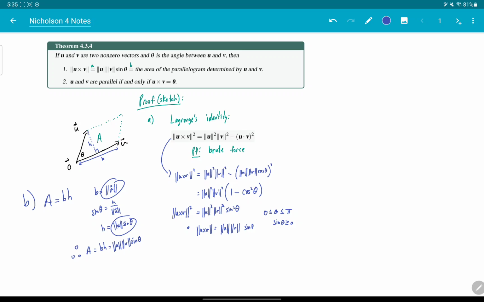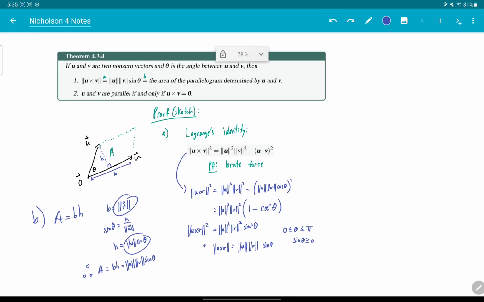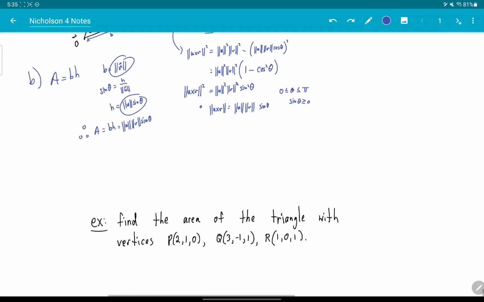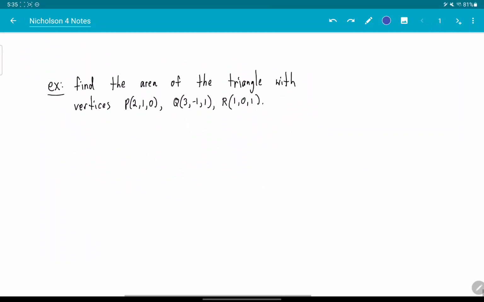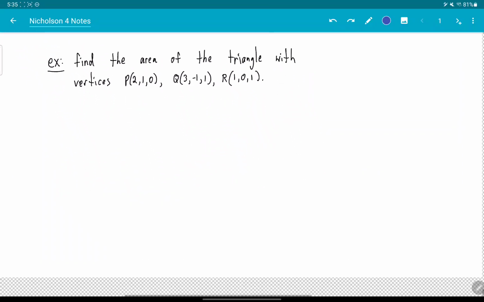Now, part two, we've seen this before in terms of determinants, but you can see why it's true as well just by focusing on this equal sign here. So I'll just leave that alone, and I will move on to the example. How do I find the area of a triangle in R3?